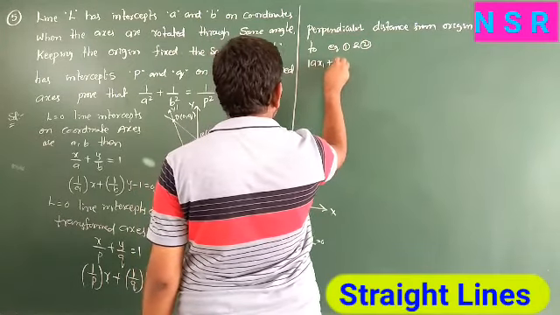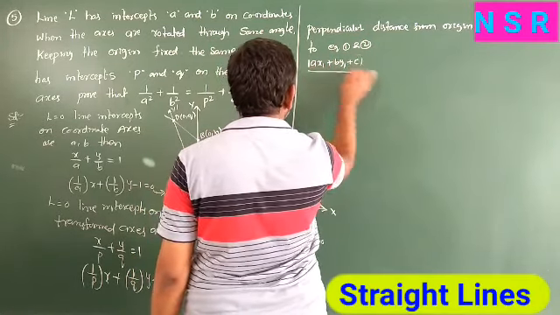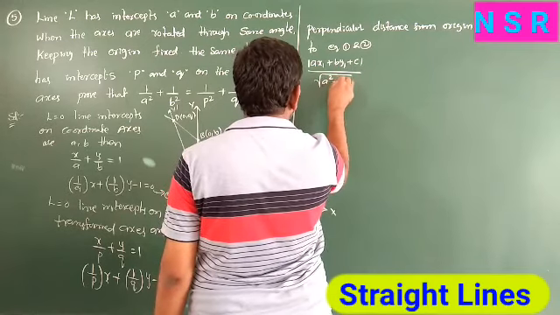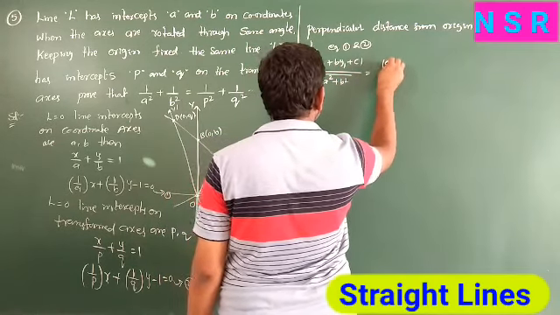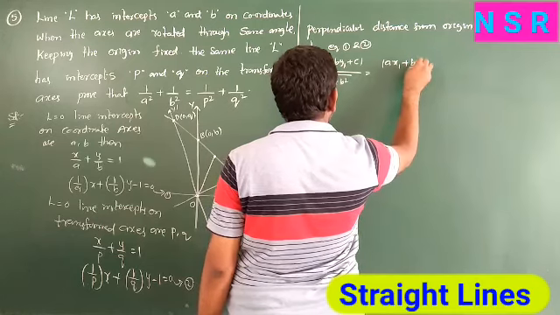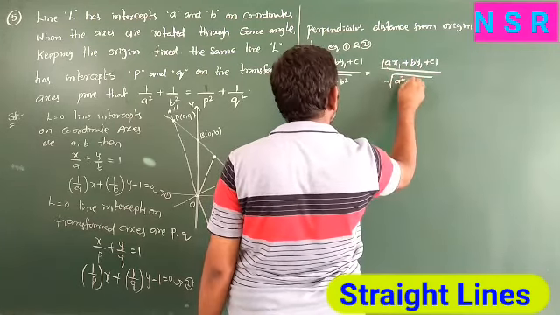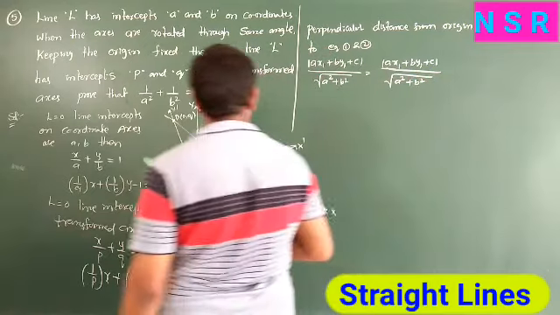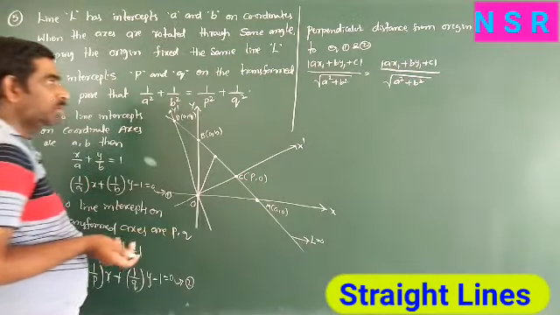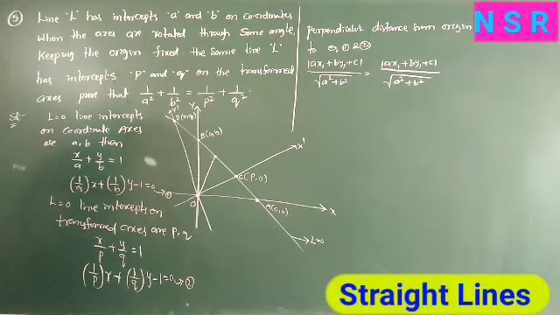Mod of a x1 plus b y1 plus c by square root of a square plus b square, from the origin. So in both, x1, y1 is 0 comma 0 and c is minus 1, the same in both. In the a, b place, here 1 by a, 1 by b, and in the second one 1 by p, 1 by q.